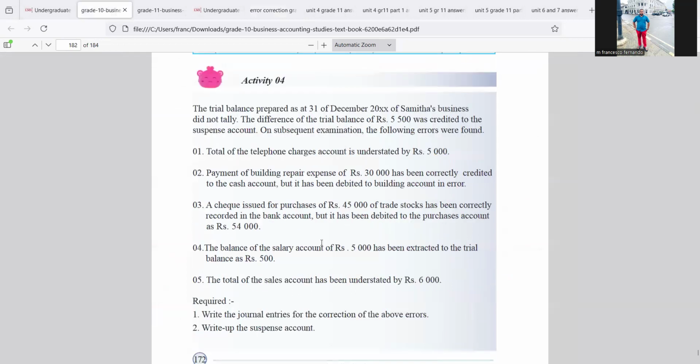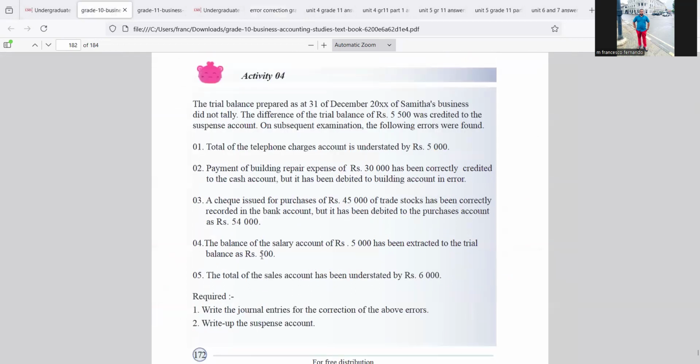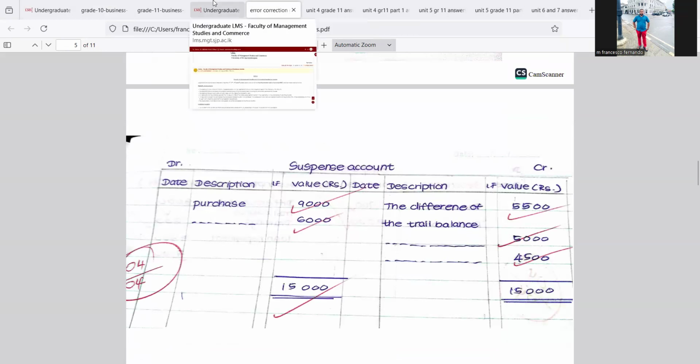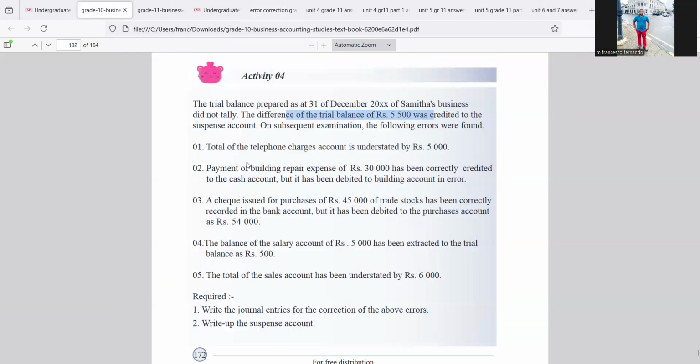Then we will see activity 4. There is a difference in the trial balance of 5,500, which was credited to the suspense account. So in the suspense account, you have to credit 5,500.